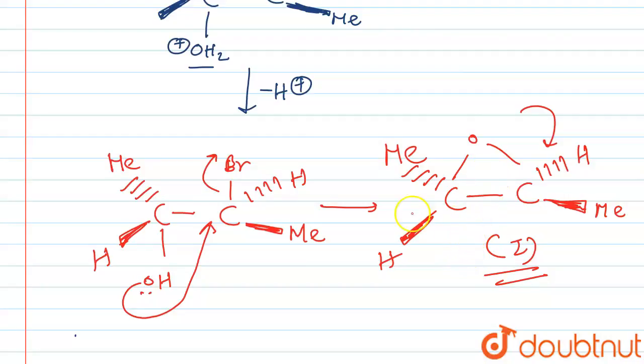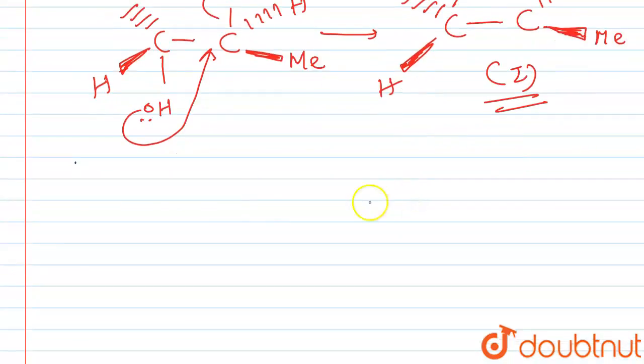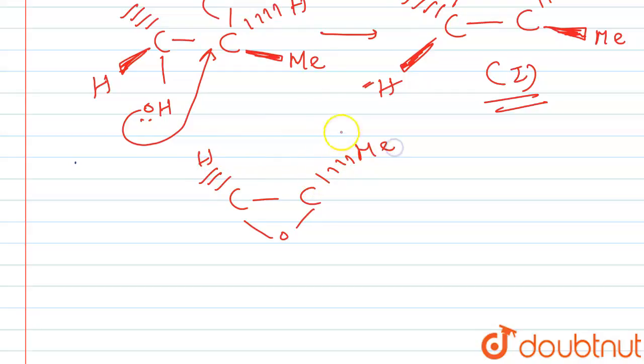It forms a compound like this: the oxygen comes to this place, the hydrogen goes in the plane, the methyl group also goes in the plane, and then the methyl group comes out of the plane and the hydrogen comes out of the plane.